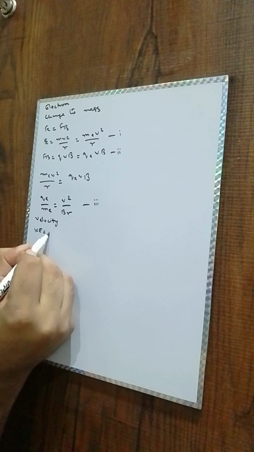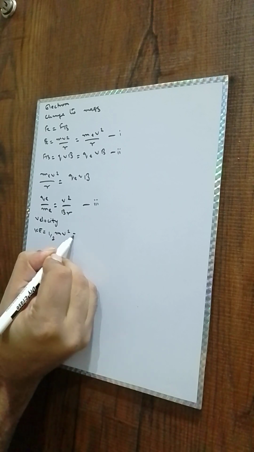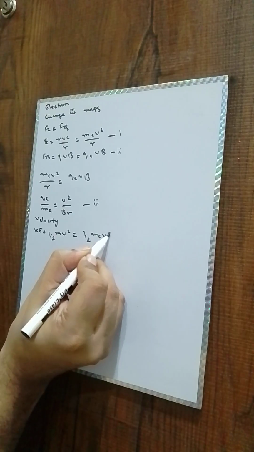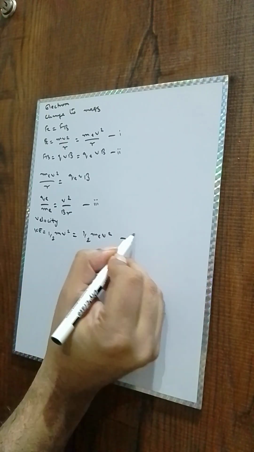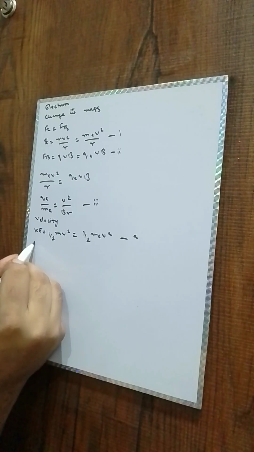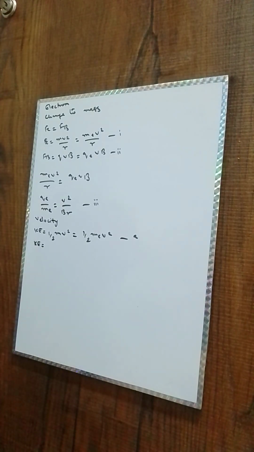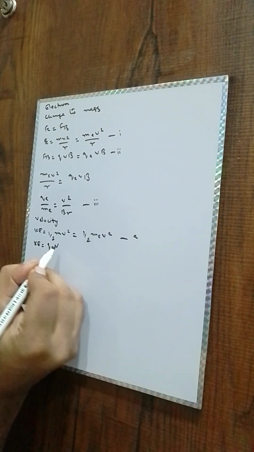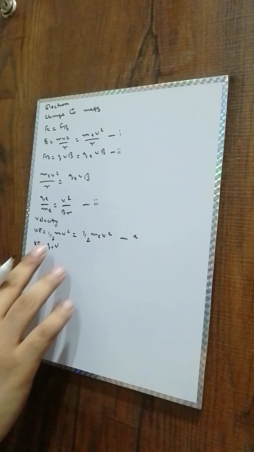The kinetic energy is equal to 1 by 2 mv squared, is equal to 1 by 2 m_e v squared.